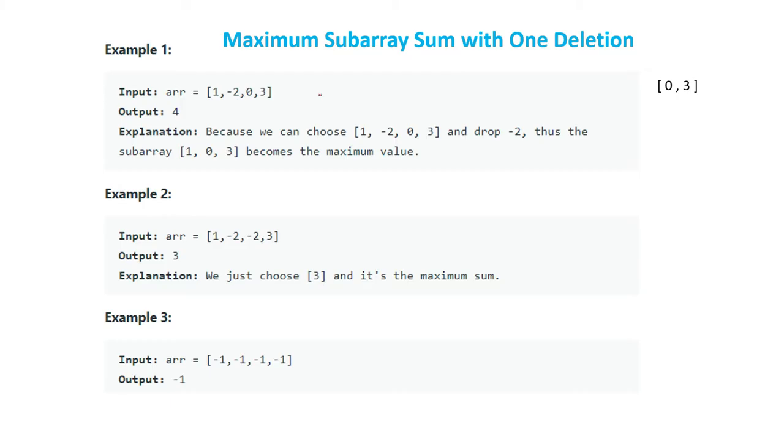Now, if I give you one choice that you can find another subarray where you are allowed to delete one value, then what will be the maximum? So if you take this as subarray and if you delete this value, then it will become 1, 0, 3, and that time if you add all these things, the value will be 4 and the output is 4 here. So this is the desired result from this problem.